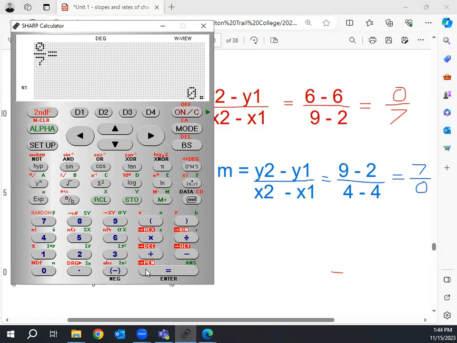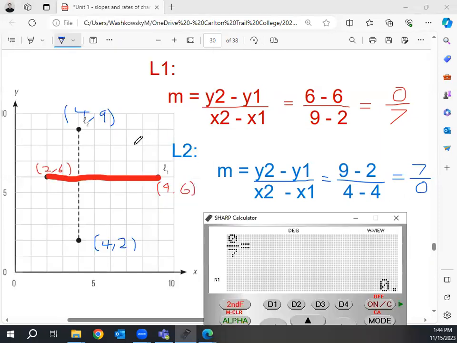It's 0. 0 divided by anything is always going to be 0. So what this actually means is I have a slope of 0. Well, that's kind of weird. But when we say we have a slope of 0, it basically means that it doesn't go up or down ever at all.